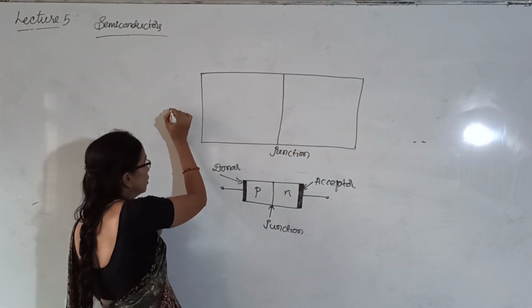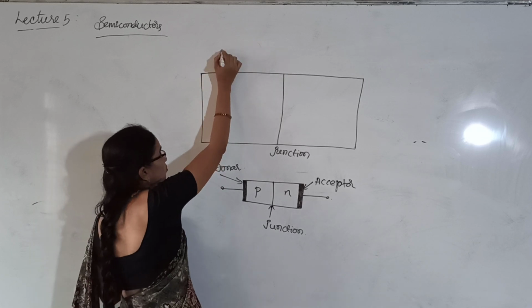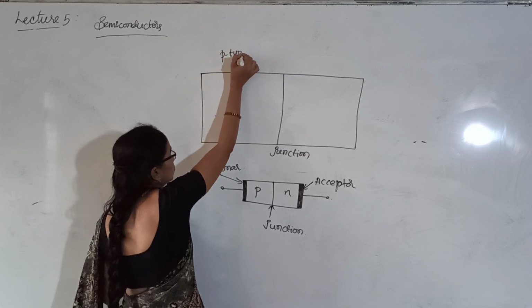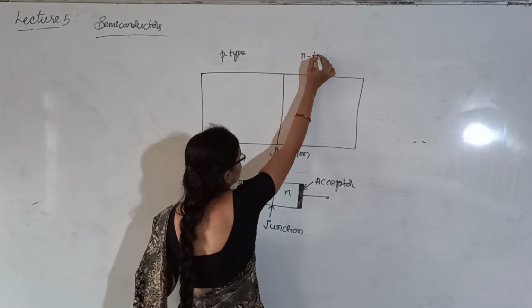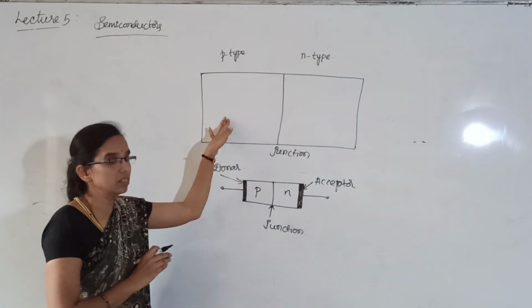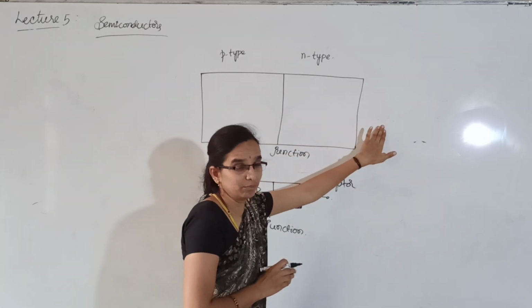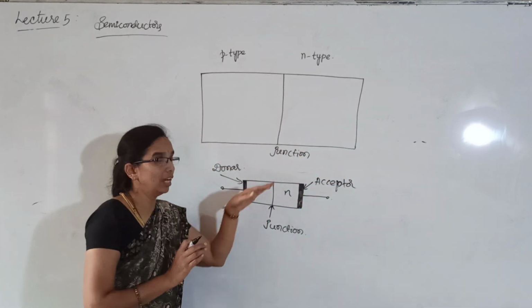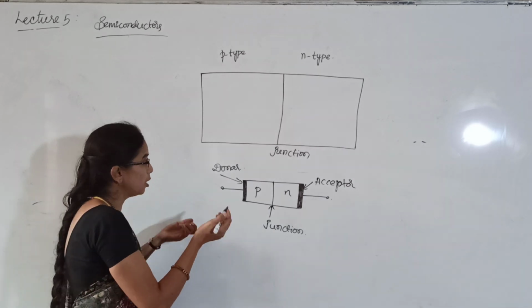What happens if on this side a trivalent impurity is added to this side of the crystal and the pentavalent impurity is added to this side of the crystal? What happens?